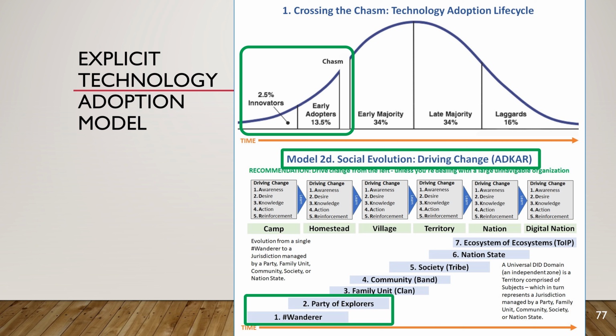It's not really so different from the classic technology adoption lifecycle model, where you have a small group of innovators who then feed into a group of early adopters, and then there's the mainstream represented by the tallest part of the bell curve, the early majority and the late majority. Those mainstream users look across the chasm to the innovators and early adopters to see, is this stuff for real?